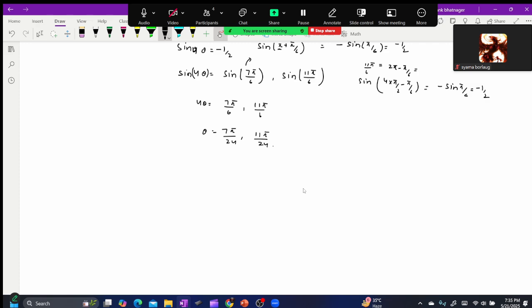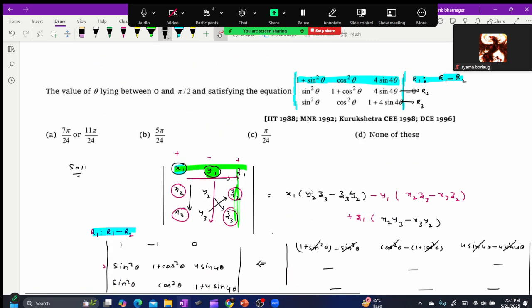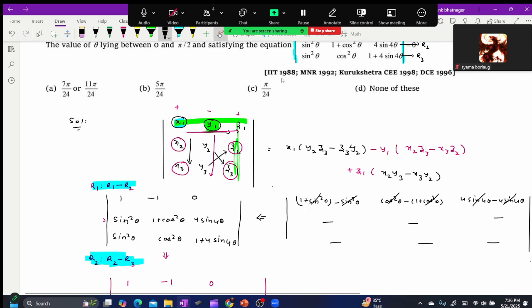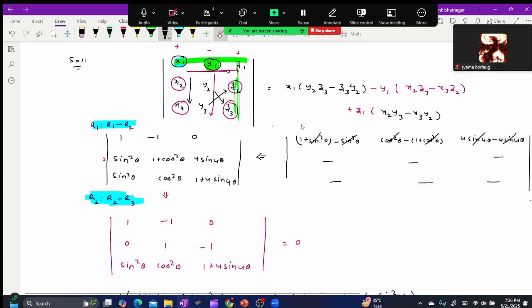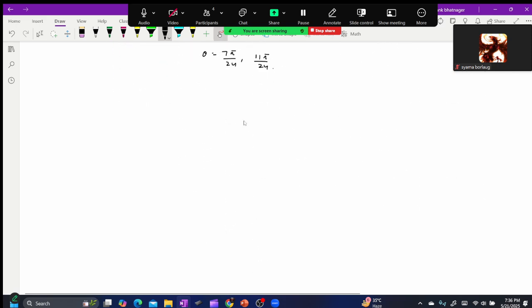This question was actually asked in IIT, MNR, Kurukshetra, and DC. Whenever a question is asked in JEE Advanced or in IITs, they actually mix the concepts.